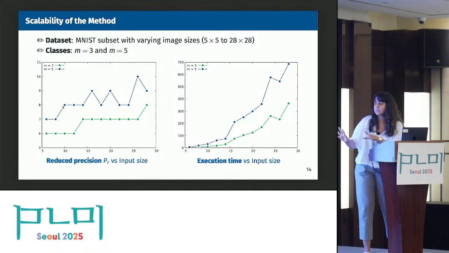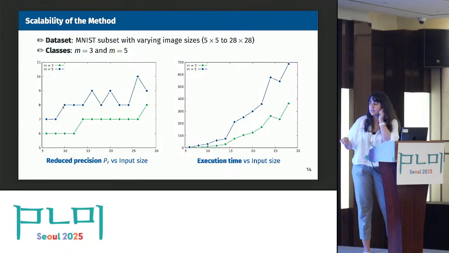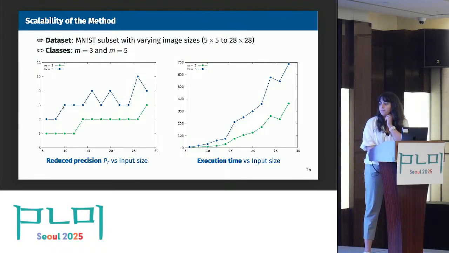What we can observe in this plot is that we have an important gain in reduced precision. For example, for a 10 by 10 input image size, we have 6 bits of precision reduced, etc.